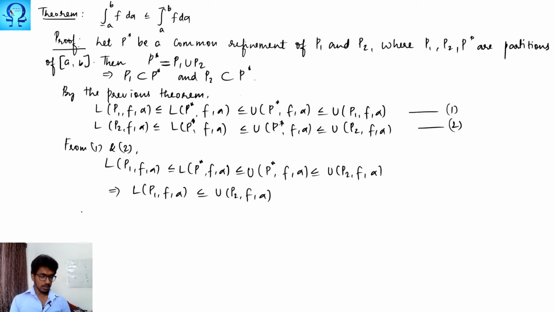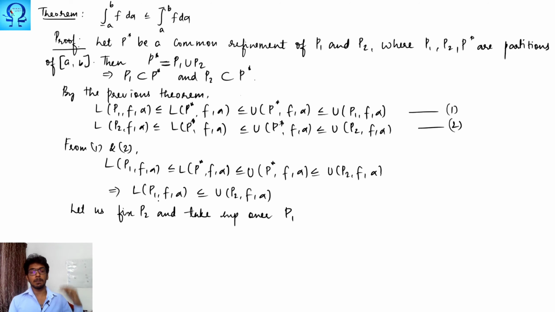Now let us fix P2. P2 is a fixed partition, and take the supremum over P1, which means we are considering all possible partitions P1 and taking the supremum.